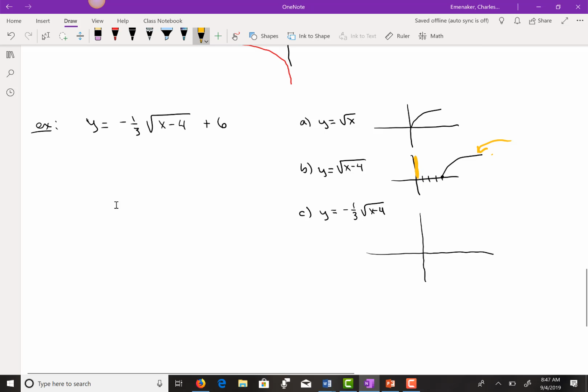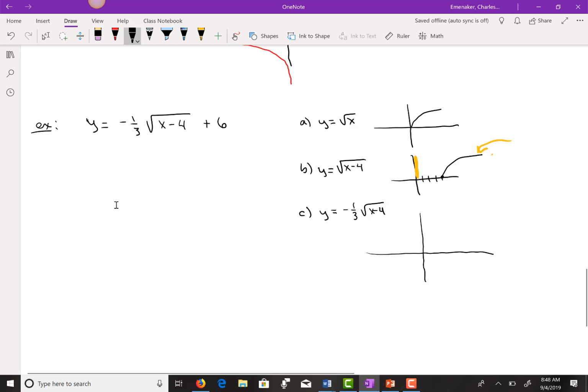Everything was a positive y value. However, now that we have put that negative in front of the coefficient, all the y values are going to be what now? Negative, aren't they? So instead of the graph going up, the graph's going to do what? Go down.